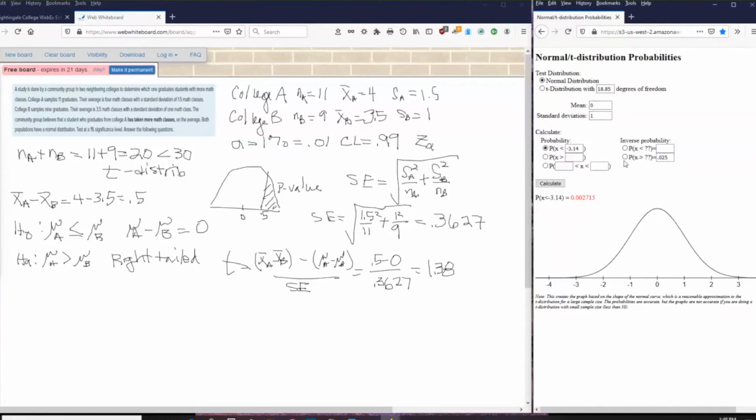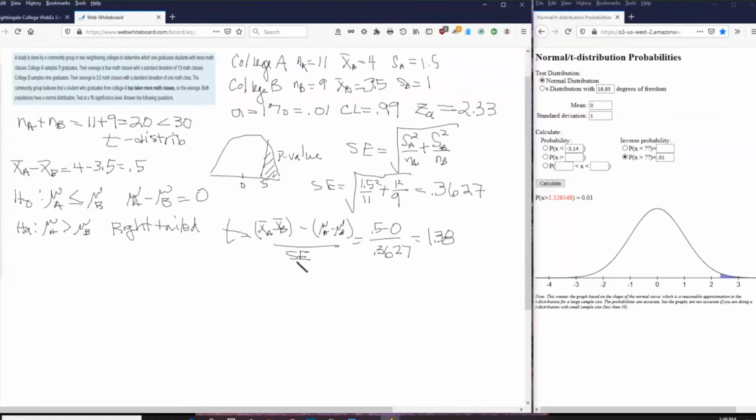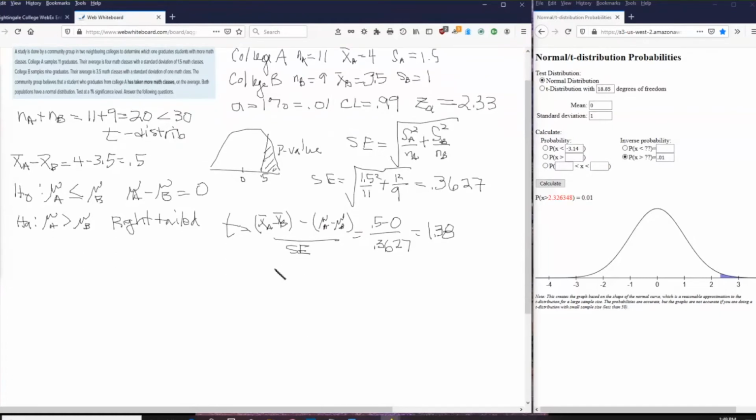And we want to know if x is going to be greater than 0.01. So that means my z-score for my critical value is going to be 2.33.